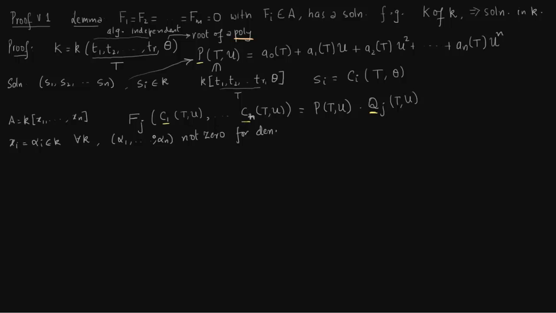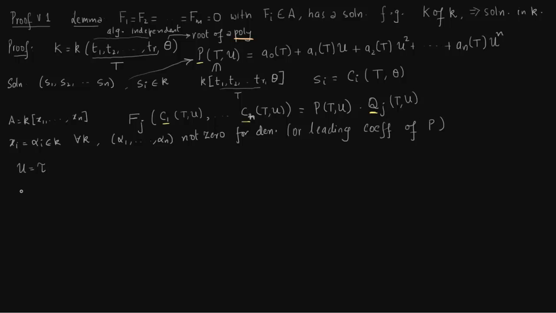I have written it as a polynomial, but these coefficients could be fractions. So we want to make sure that those Ai's as well as these Ci's or Qj's have denominators that do not become 0. And since we have finitely many of these, we can always choose alpha 1 to alpha n such that the denominators do not become 0. So our life is easy.